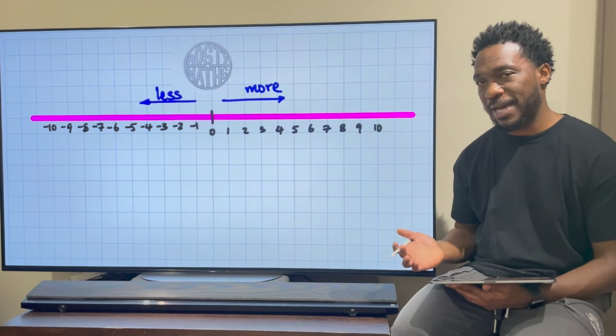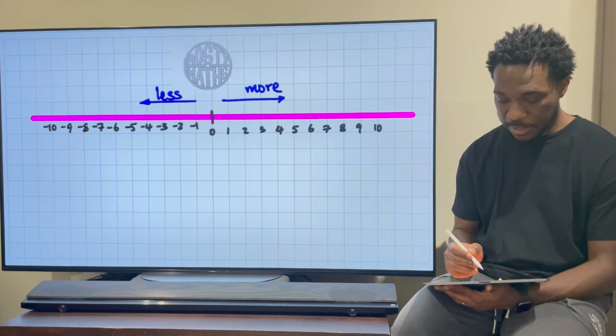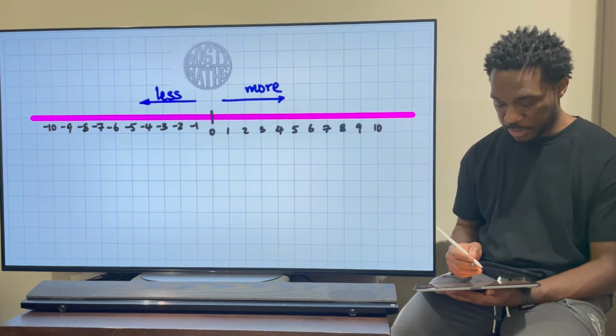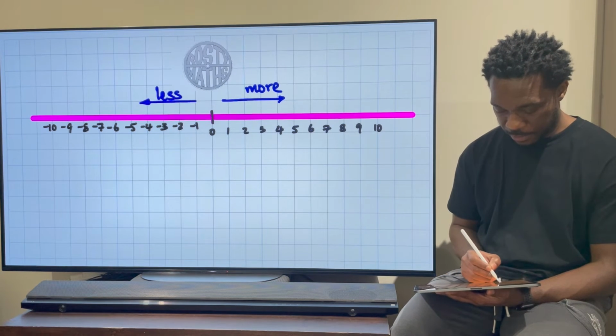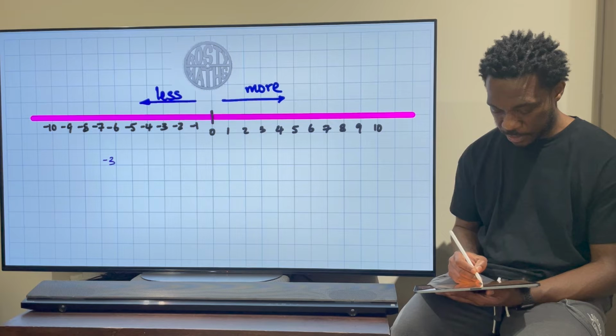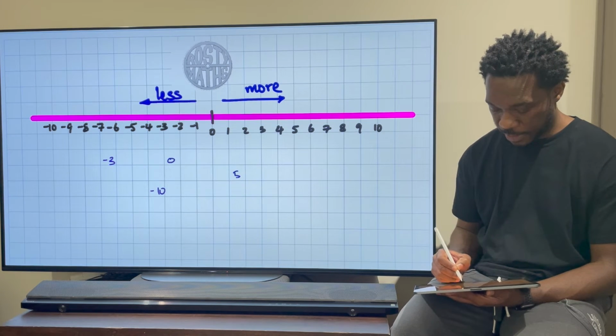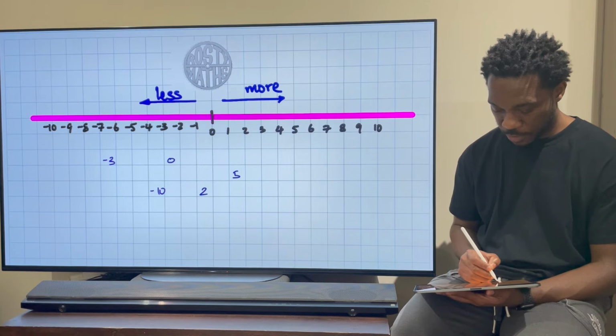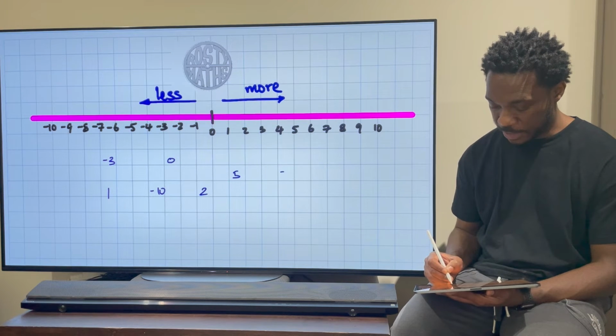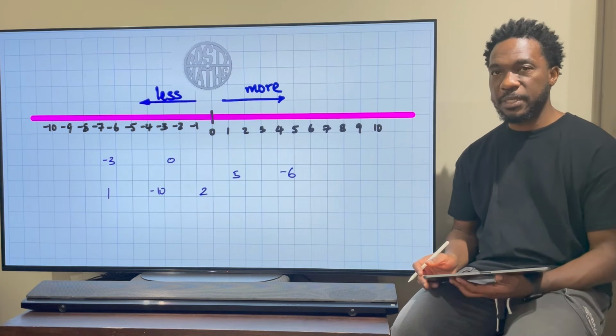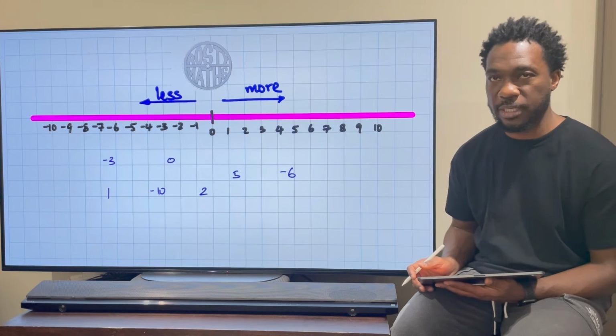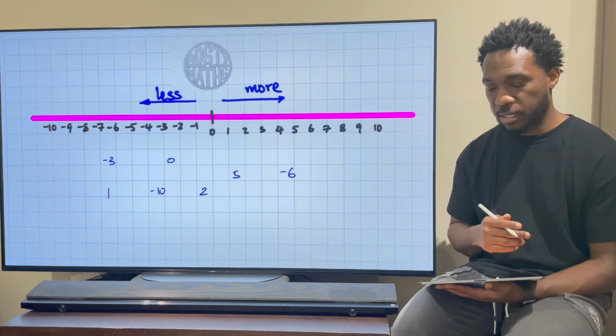Now that we know that, if I then gave you a bunch of random numbers, say minus 3, 0, minus 10, 5, 2, 1, minus 6, and we say, please put these numbers in order from smallest to largest.